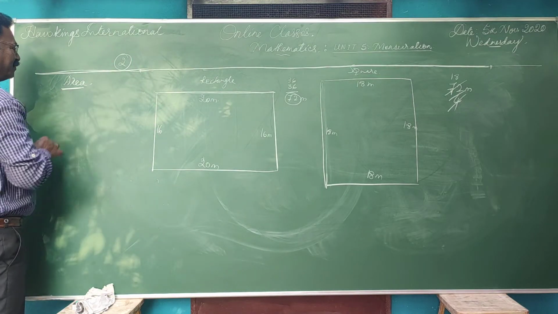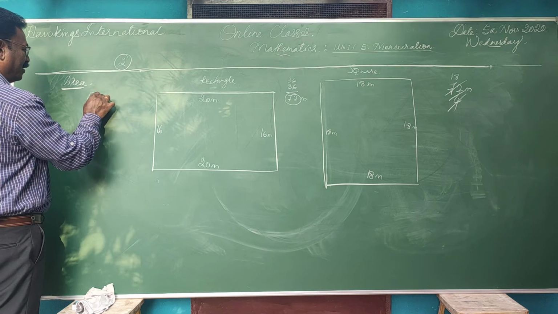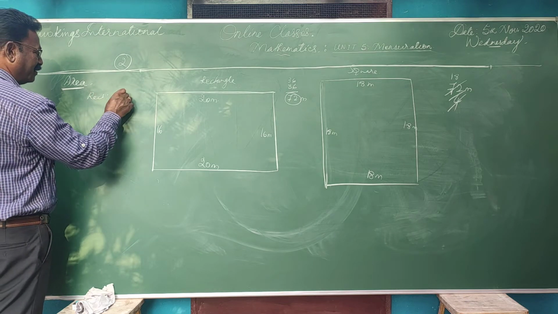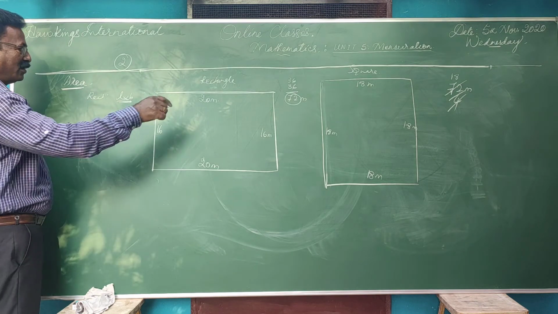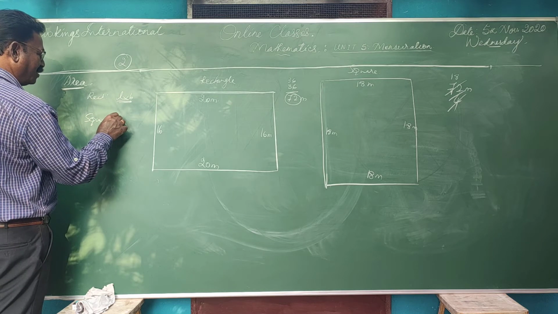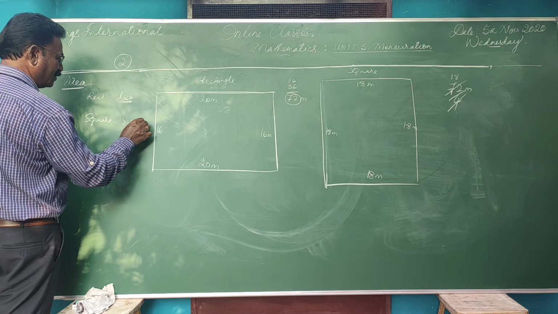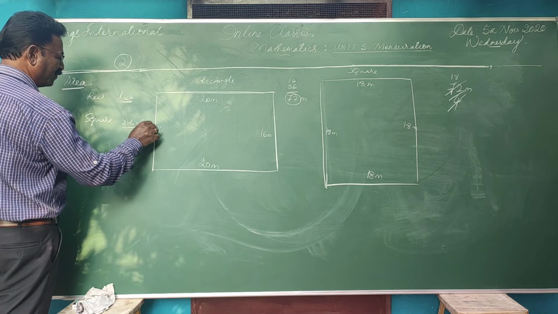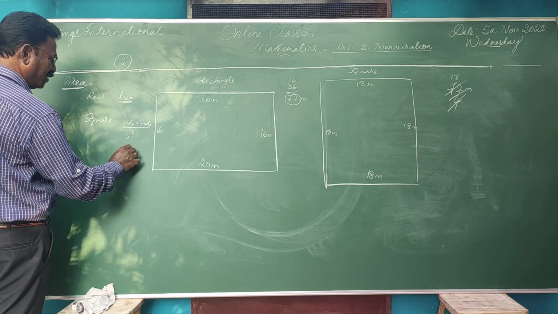Then what is area of this rectangle? For rectangle, the area is length into breadth. For square, it is side into side. Side into side, side square or a square, anyone.